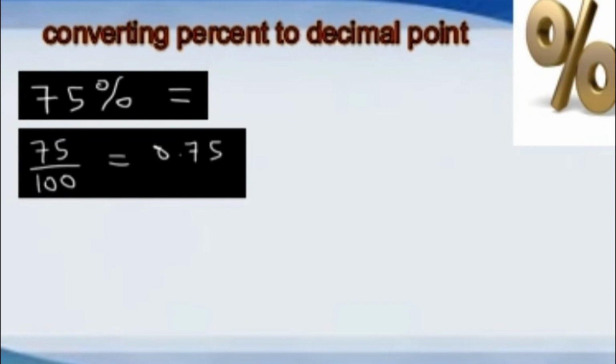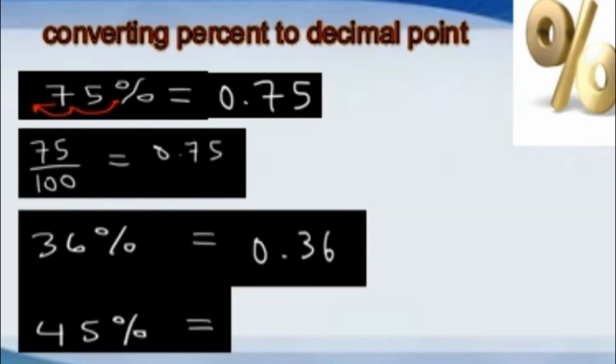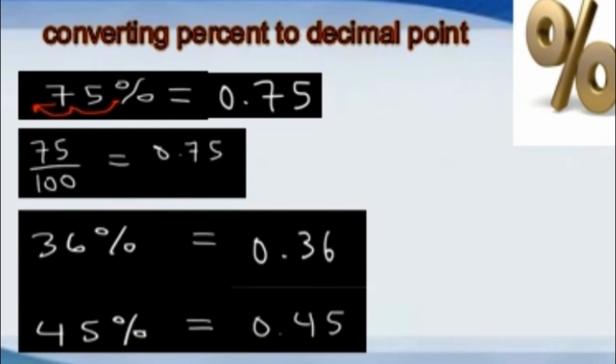So 75, when you move that from right to left 2 times, the answer is 0.75, or just simply copy the 75 and then divide it by 100. Then 36.36, and then 45, move it to the left 2 times, that is 0.045.